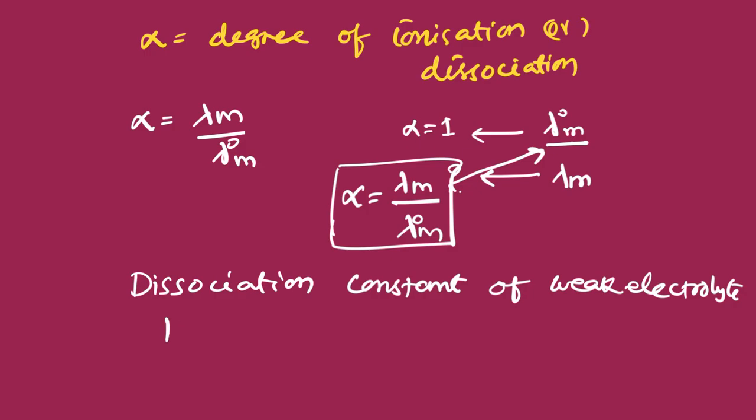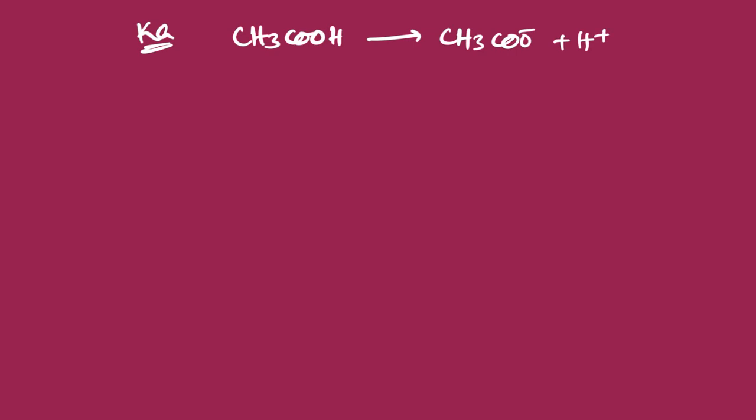Example, Ka for acid, Kb for base, K in general, anything that is acid, base or any other purpose we can write K. So this also we can calculate by using Kohlrausch law. Example, Ka, how to calculate? Example is acetic acid. This will be ionized into CH3COO minus plus H plus.